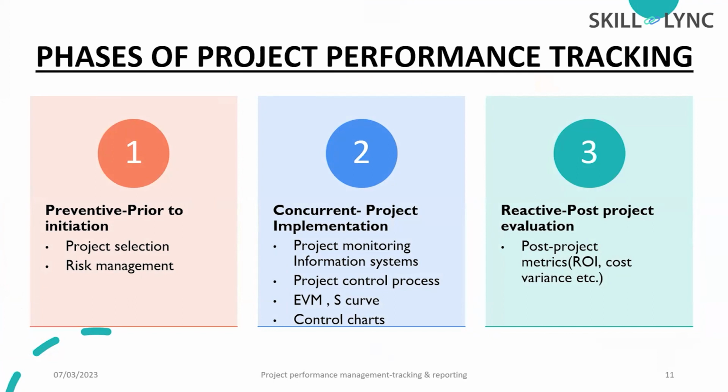The second is the concurrent one, during the implementation: what are the things we have to do? The third is post project evaluation. So the entire performance tracking can be done in three different phases. One is preventive, prior to the initiation. Second is the concurrent one, the project implementation stage. Third is the reactive one, post project evaluation.